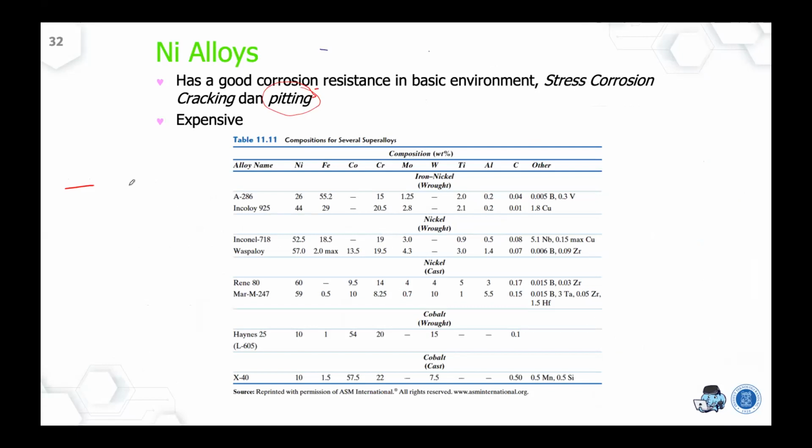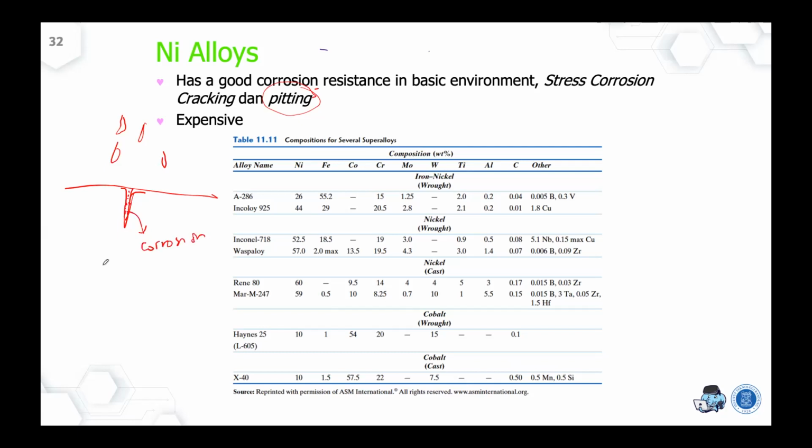So if you have a permukaan, ya, or the surface, and then there's a crack over here, and you have some water, and the water stays over here, what happens is there would be corrosion.